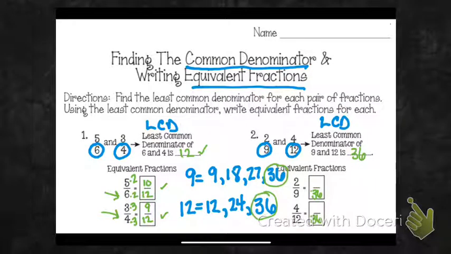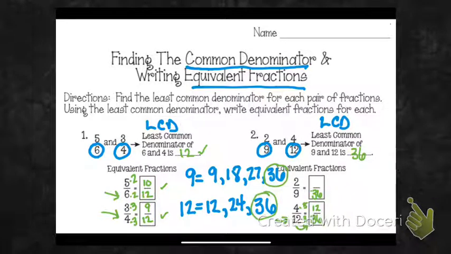And now we go through and say, okay, what do we multiply 12 by to make it 36? Well, it's 12 times 3. So then we also multiply the numerator by 3. And 4 times 3 gets us 12.